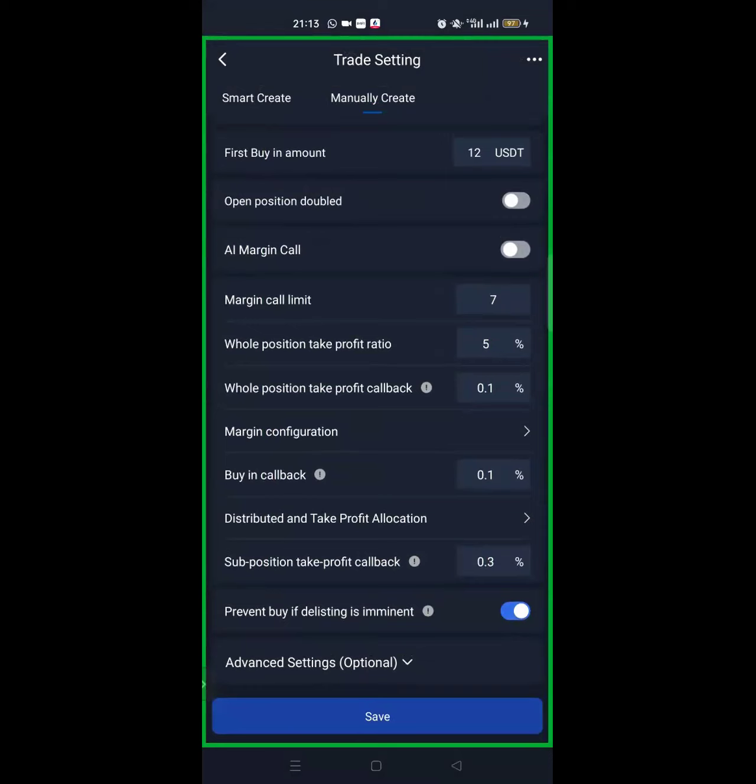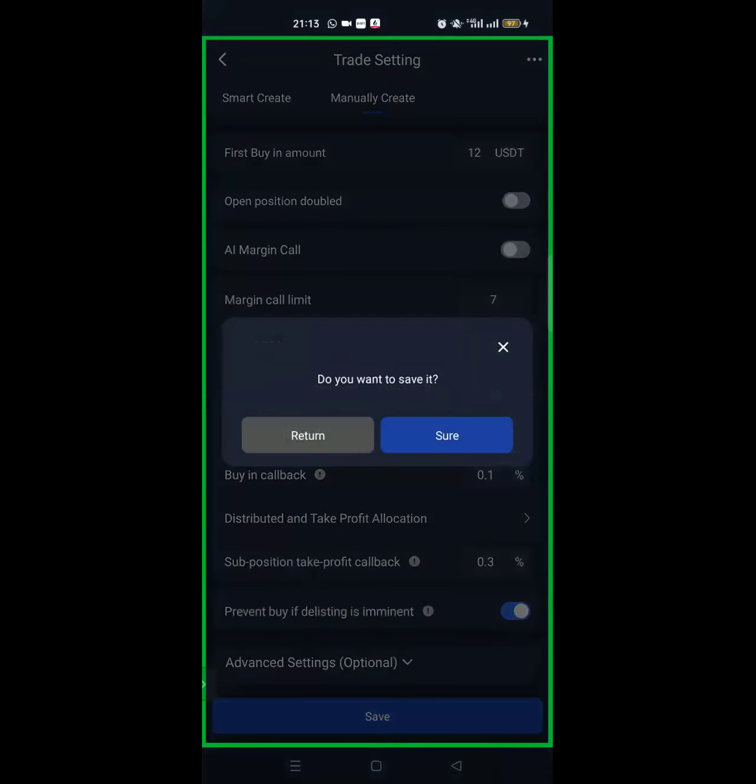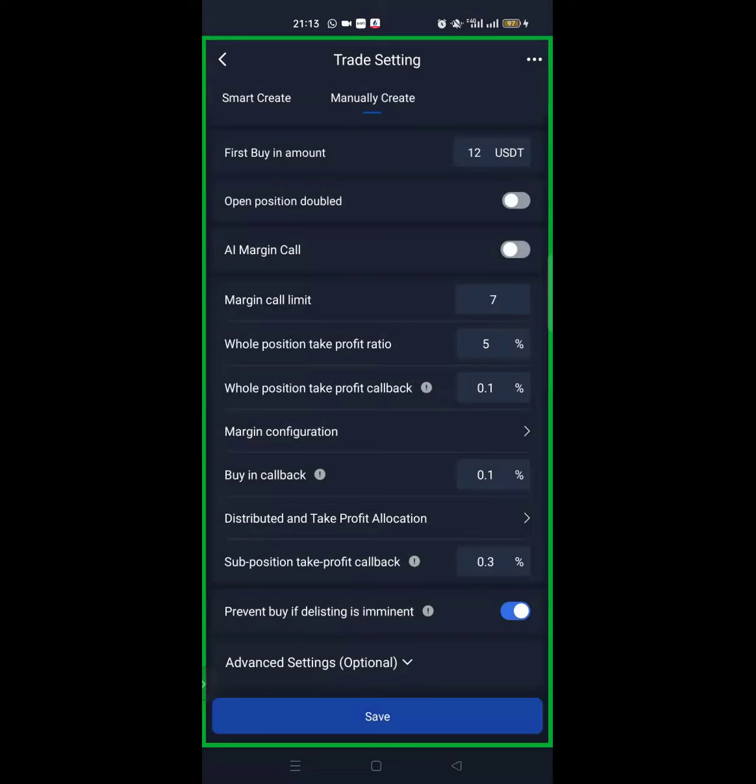Coins that are to be delisted do have a tag, but if this is put on and you unknowingly want to trade that particular coin, it wouldn't go. So that's the brief explanation of what whole position take profit callback, buying callback, and sub position take profit callback are.